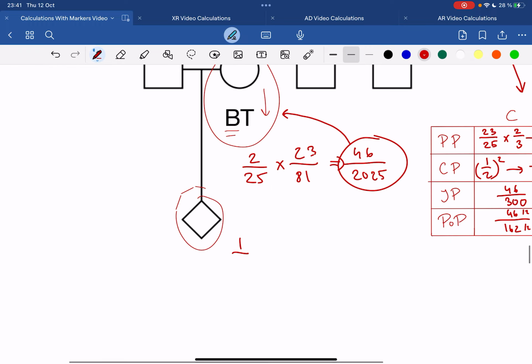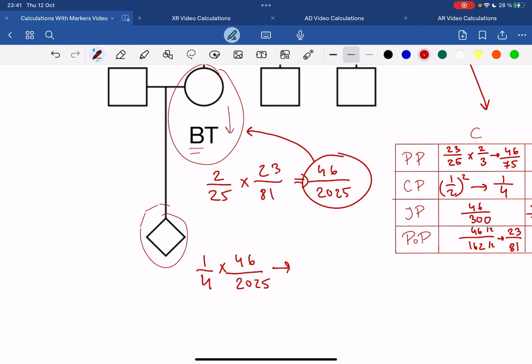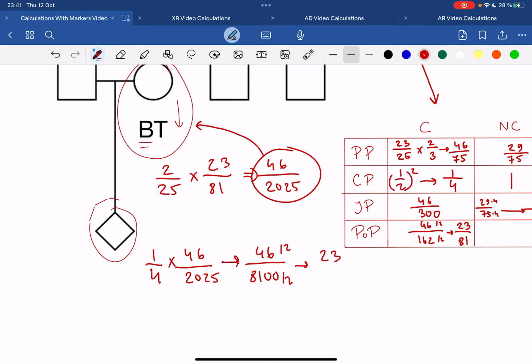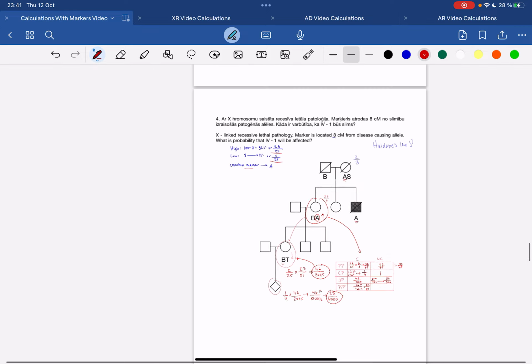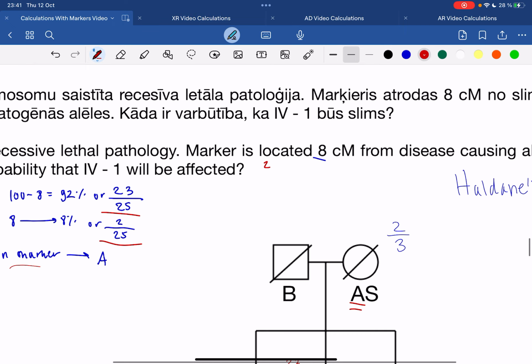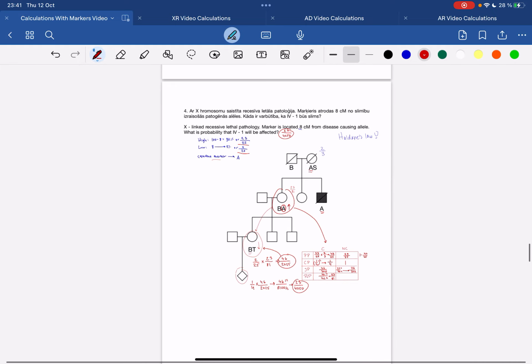So 1 out of 4 times the mother's chance to be a carrier, which is 46 over 2025. And that equals 46 out of 8,100, and we can divide it by 2 in order to get 23 over 4,050. That is the final answer for here. 4,050. There we go.